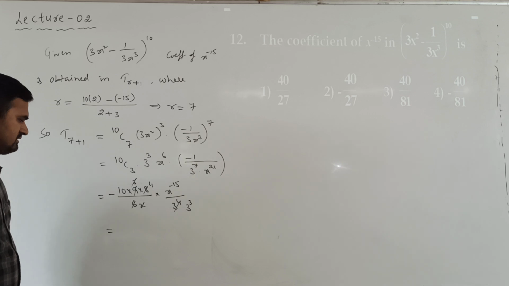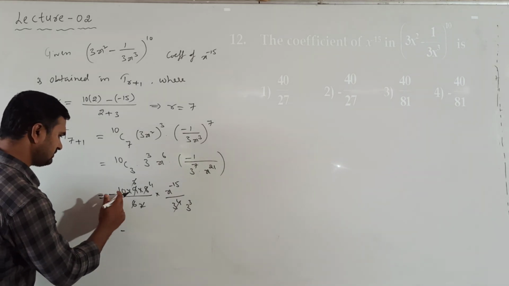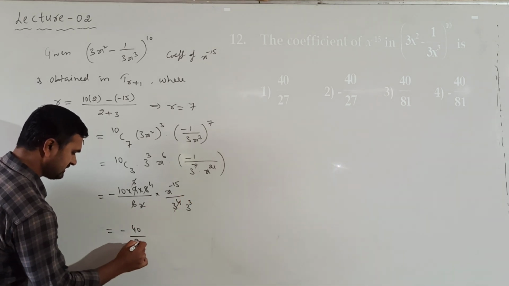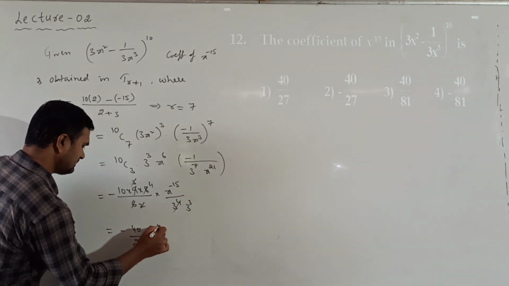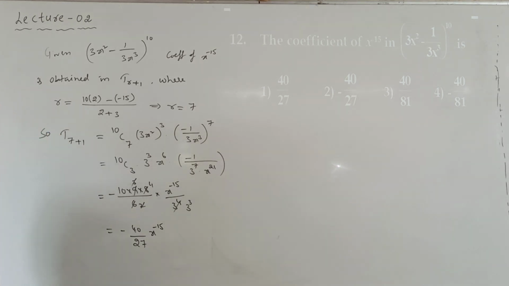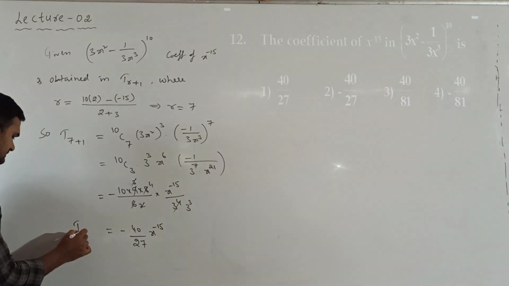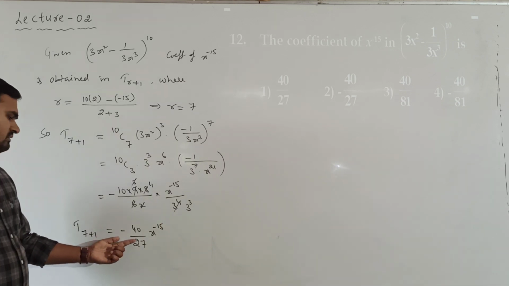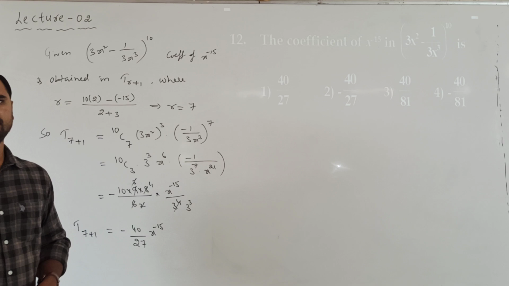Nothing we can cancel. Minus 40 divided by 3 cubed is 27, into x to the power of minus 6. So this is the required term. The coefficient of x to the power of minus 15 is minus 40 divided by 27.